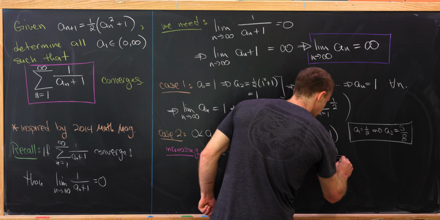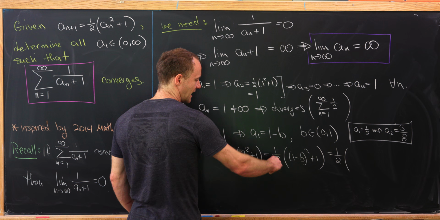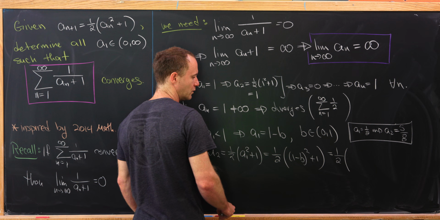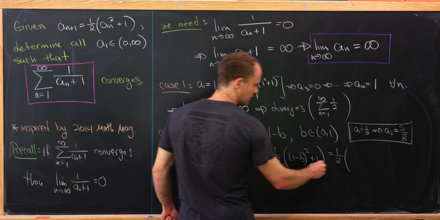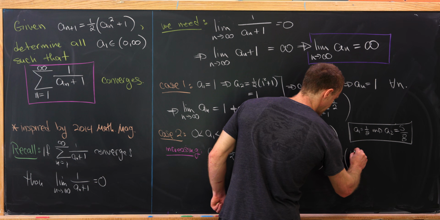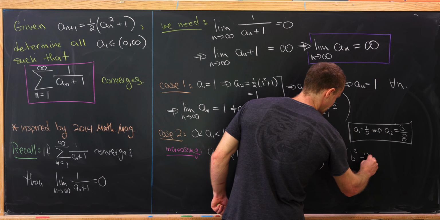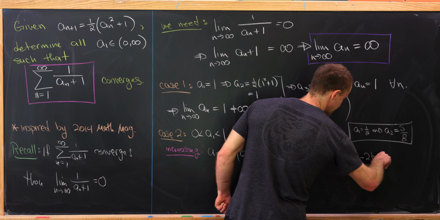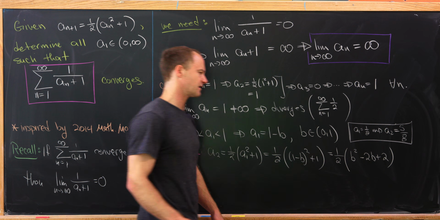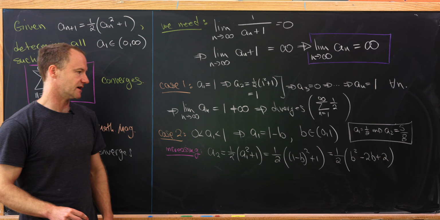But let's see, that's going to be 1/2, and then multiplying this out, what will we have? So we'll have, let's see, b squared minus 2b plus 2. That's what we get after all is said and done.